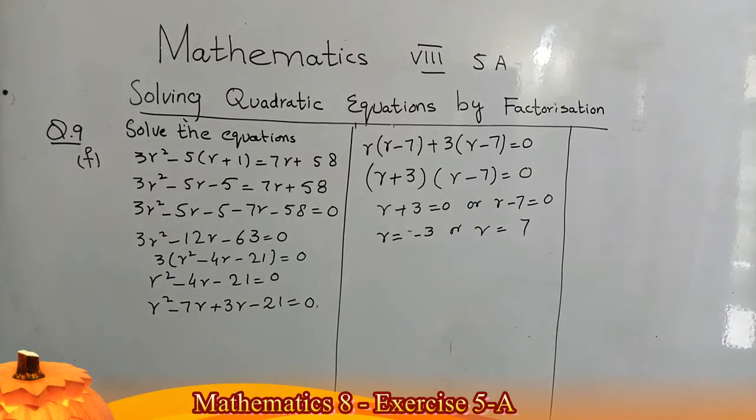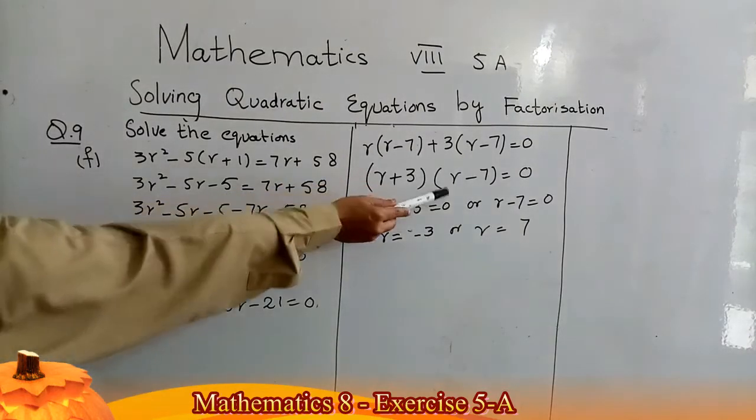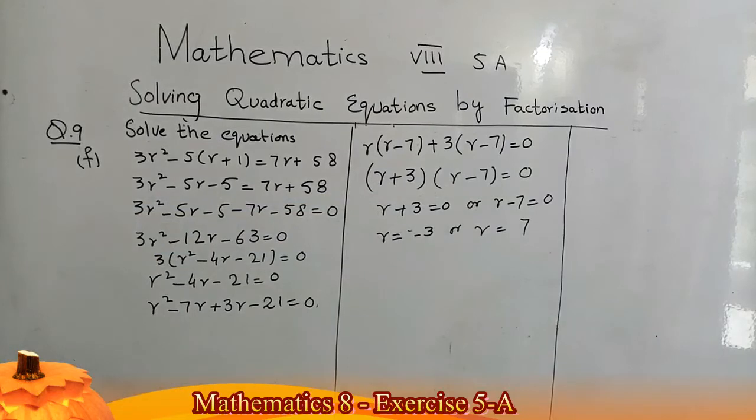Now we have 2 terms. In both the terms we have r minus 7 as a common factor, so I will take r minus 7 as a common factor. We have r plus 3, so either the first is equal to 0 or the second is equal to 0. From here r is equal to minus 3, and from this r is equal to 7.